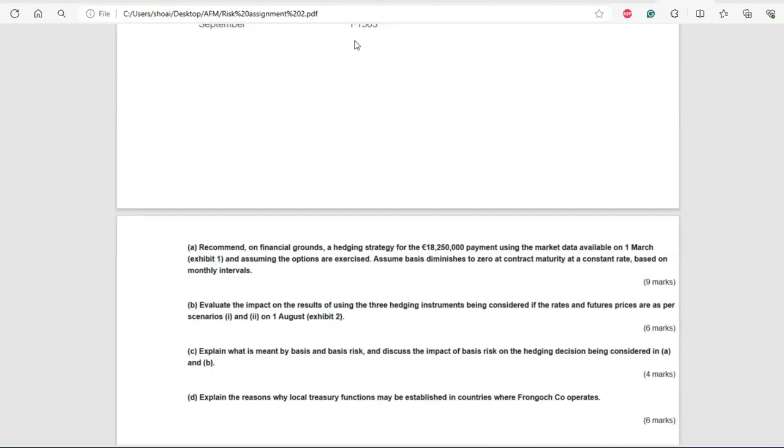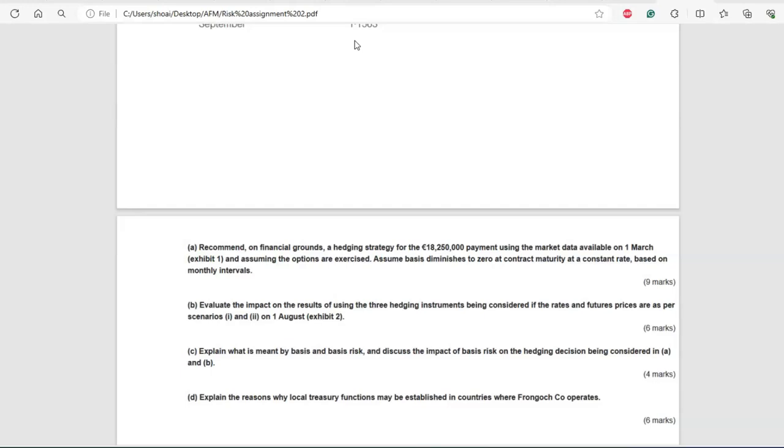So what is the catch here? If you have a centralized treasury, you will not be aware of the local needs of that particular branch, country, or area. You will not be aware of the regulatory requirements of that area. There will be a lag in decision making. So if you open a local treasury function, what is the benefit?